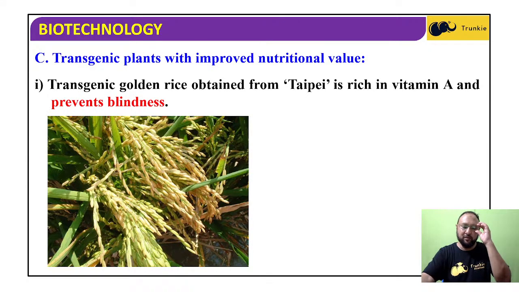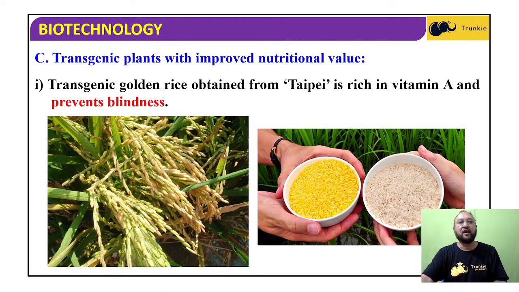Deficiency of vitamin A causes night blindness. So this golden rice is very rich in vitamin A and helps in preventing it. This is how transgenic rice has been grown.